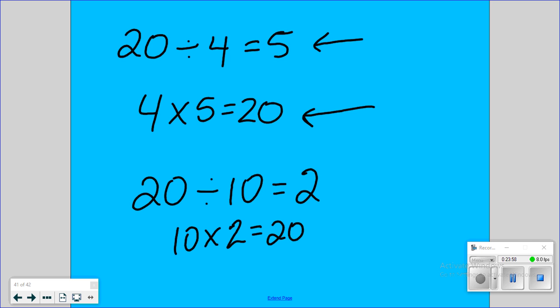The second equation, we had 20 divided by 10 equals 2, and 10 groups of 2 equals 20. Now we're taking our 20 counters and putting them into 5 groups.